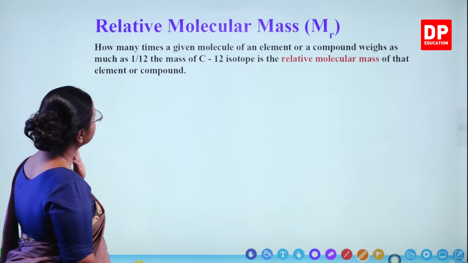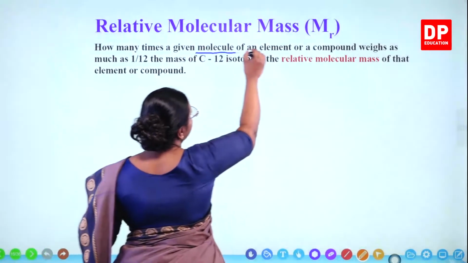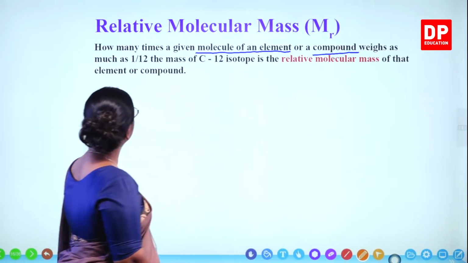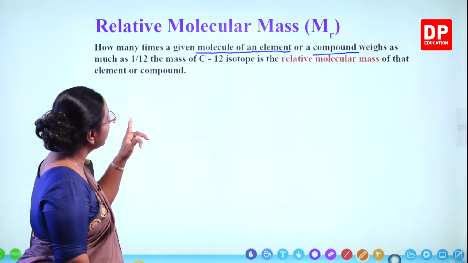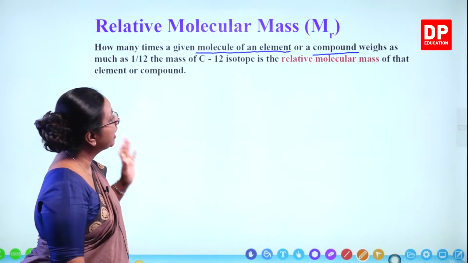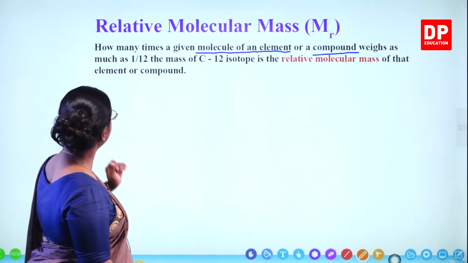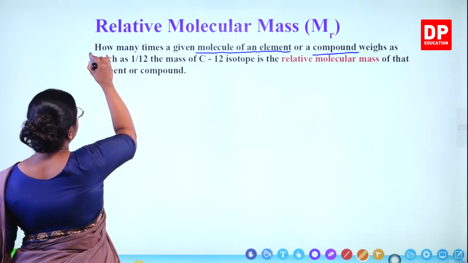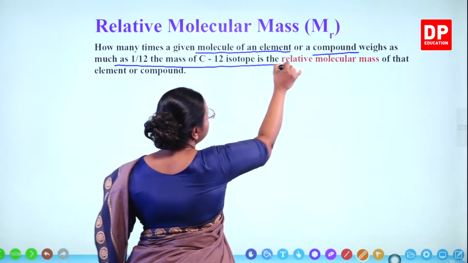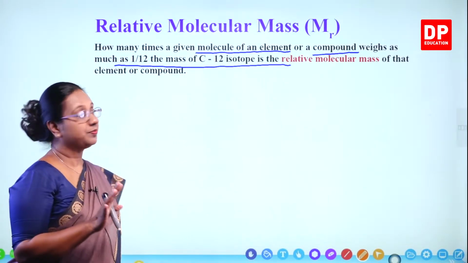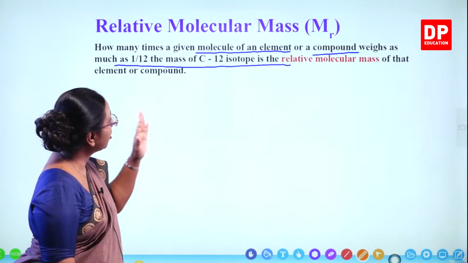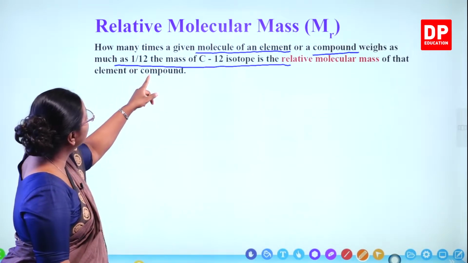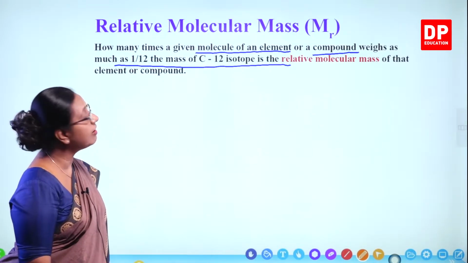How many times a given molecule of an element or a compound weighs as much as 1/12 the mass of carbon-12 isotope is the relative molecular mass of that element or compound. Now this part, starting from here up to this point, is the same. How many times a given molecule of an element or compound weighs as much as 1/12 the mass of carbon-12 isotope.